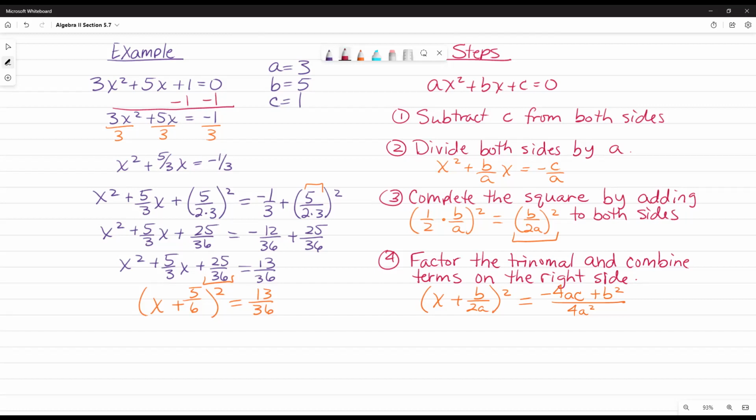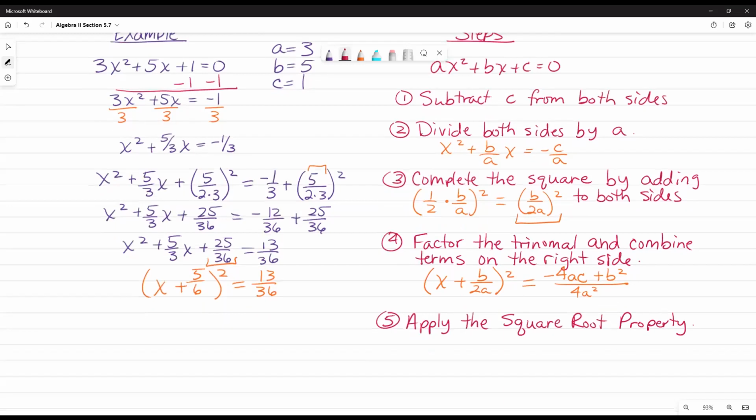The next thing we do is we apply the square root property. And so this is the square root of x plus 5 over 6 squared equals the square root.